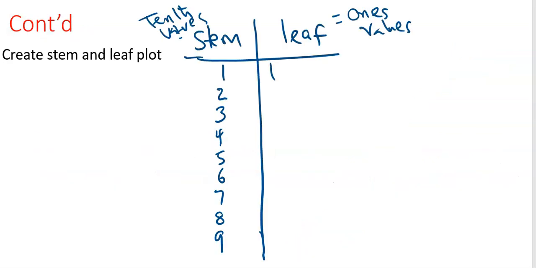So what I will do is write 22, that is the first number, and then 23, the next number, and then 24. When you're doing the leaf part, you always have to align the numbers in the correct order, so the 1 and the 2 should be in the same alignment.